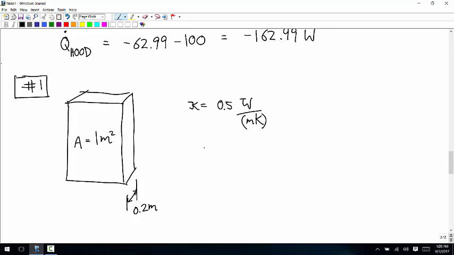And the total conduction is 0.15 kilowatts.